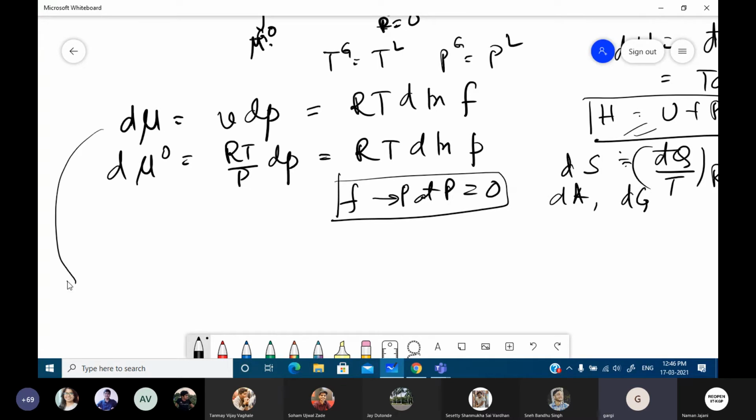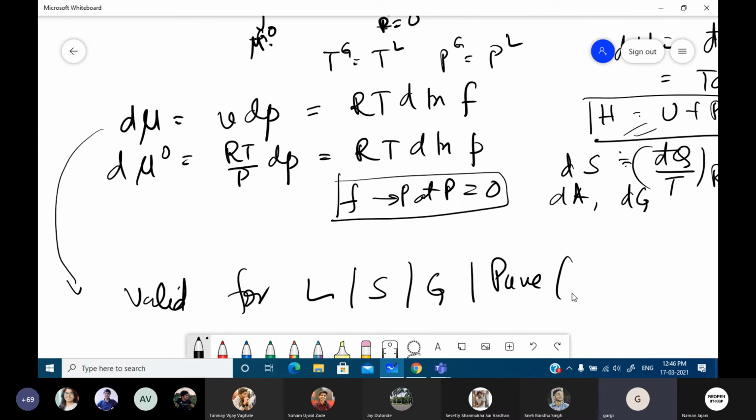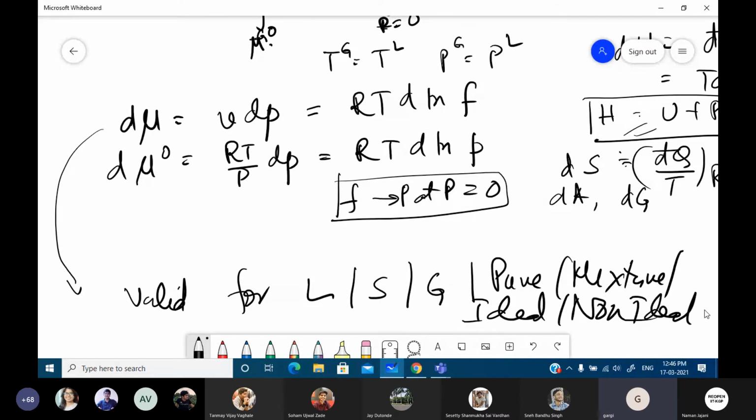This particular equation is valid for liquid, solid, gas, pure, mixture, ideal, non-ideal. For every single thing under the sky, this equation is applicable. Only how we define F is going to matter.